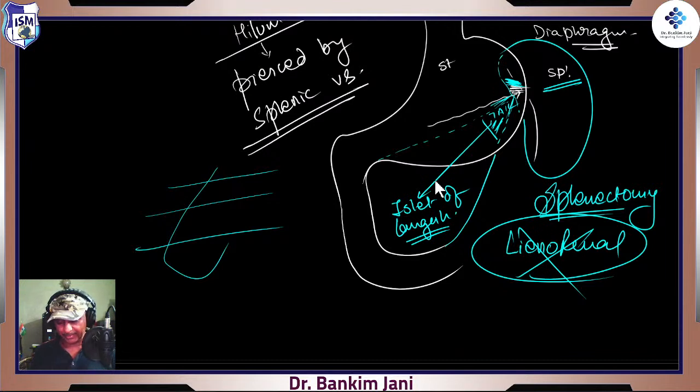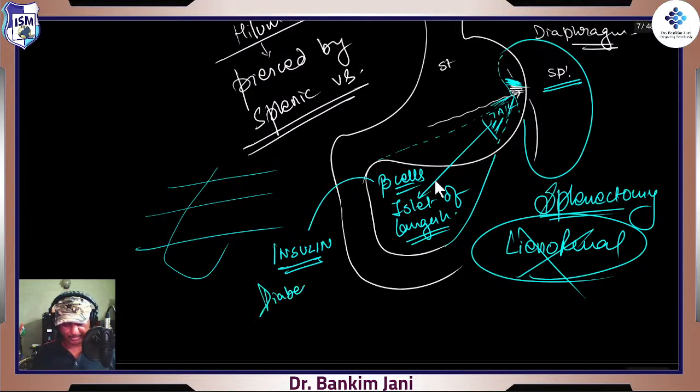But these islets of Langerhans, especially the beta cells, because alpha cells release glucagon, these beta cells secrete insulin. And if the person is devoid of insulin, trouble, right? Then he would be diabetic for the rest of his life. That's the reason it is vital. And these are some very important keywords, so do remember this part. I hope it is clear.